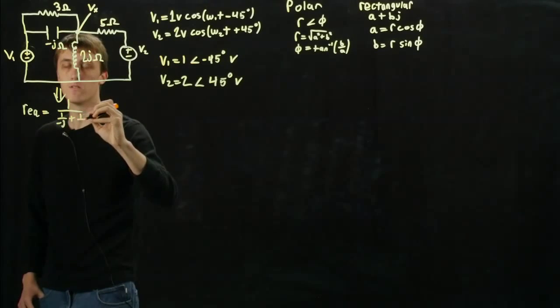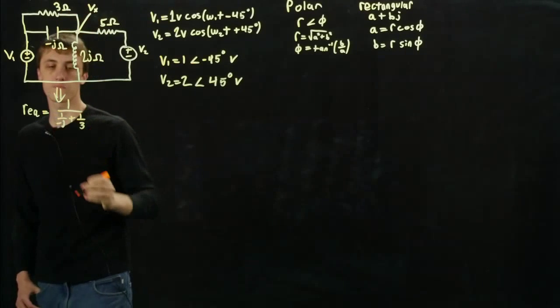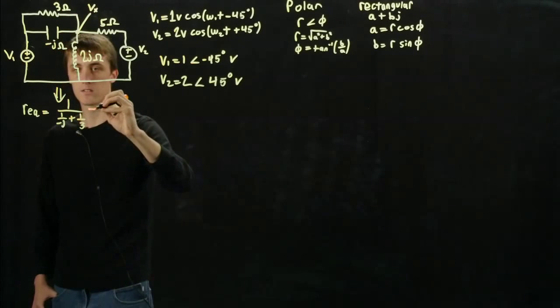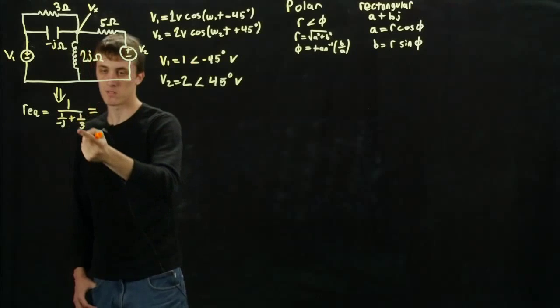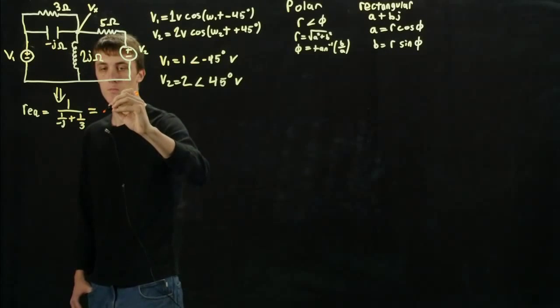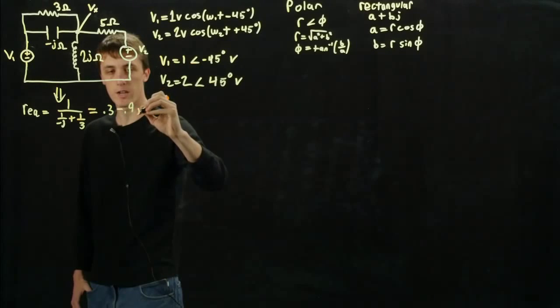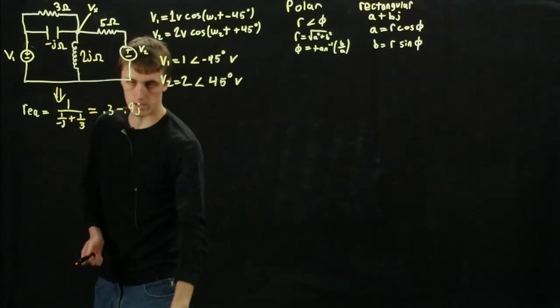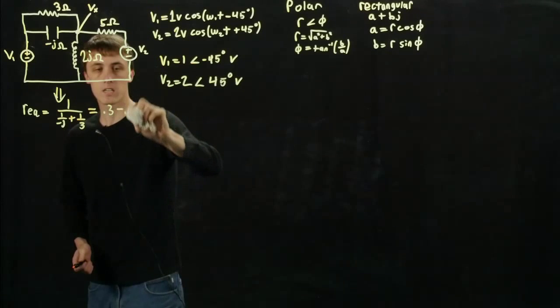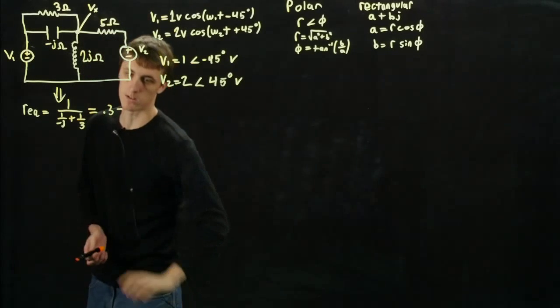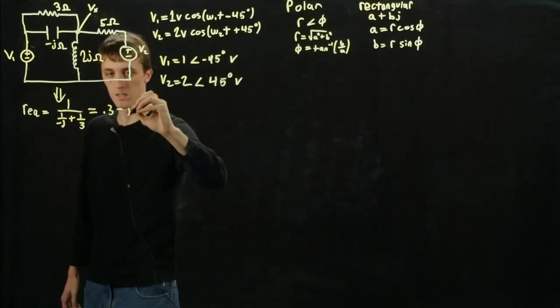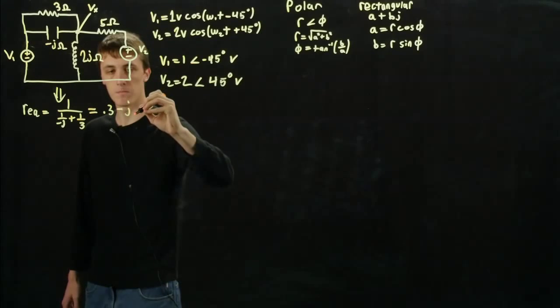Plus 1 over the second resistance. And this ends up equaling, if you type this into your calculator, 0.3 minus 0.9 J. And it's actually good practice to keep your J's in front, just so you can see them first. I make the mistake a lot, but I like to just keep them in front.